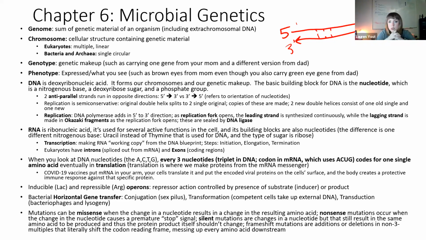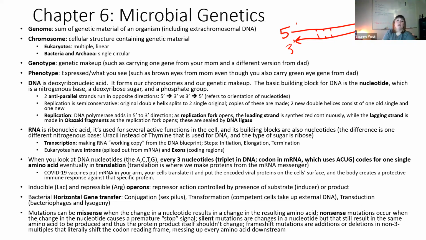And cool, so we're making that during translation. How do we know we got to the end? Well, there are specific nonsense codons that do not code for amino acids, and they cause dissociation of the ribosome from this whole complex. Those are the stop codons, and they don't code for amino acids. Like I said, that's important to remember as well. So that's how translation works. Let me see if there's something else that I'm missing.